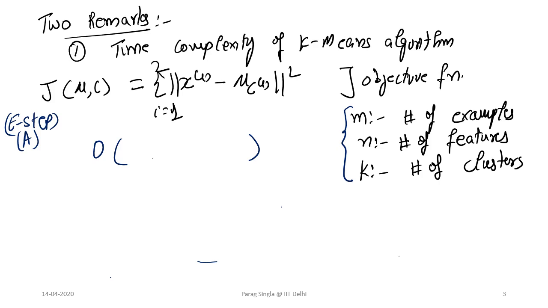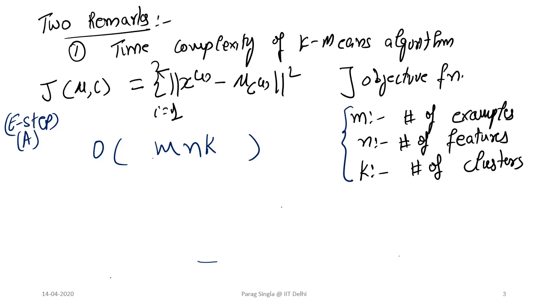Computing the distance of a point from a given cluster centroid takes order n time, because there are n dimensions. And because we want to do it for k clusters, there is k, and then finally we want to do it for every point, because we want to compute this membership for every point, so m. So this step A complexity is order mnk.